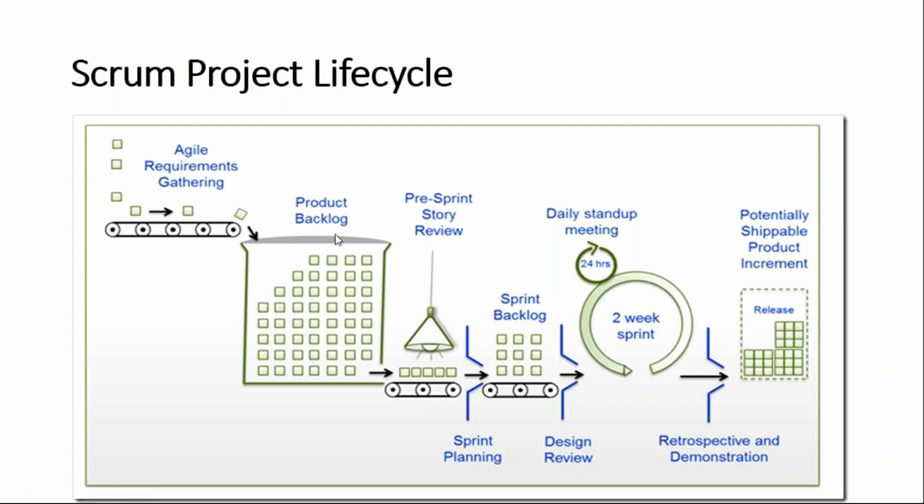Once the project had started, we used to break down into a work breakdown structure, and the work was to happen. But in agile, requirement gathering is not a one-time process. Those requirements are coming, and we are maintaining them in a place known as the product backlog. And this product backlog refinement happens throughout the project life cycle.